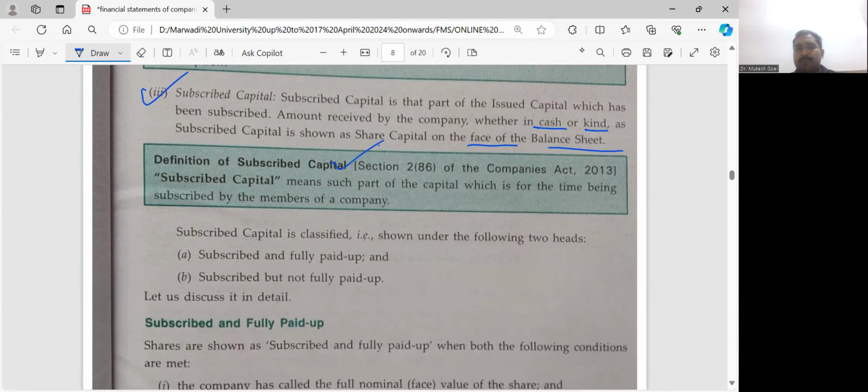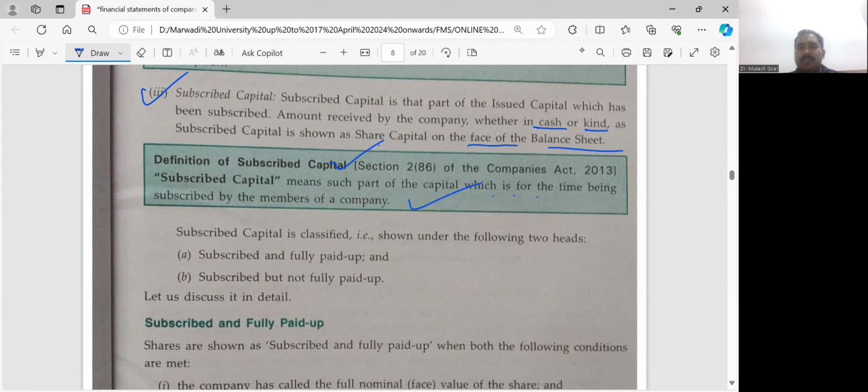The definition of subscribed share capital is as per section 86 of the Companies Act 2013: subscribed capital means the part of the capital which is for the time being subscribed by the members of the company.